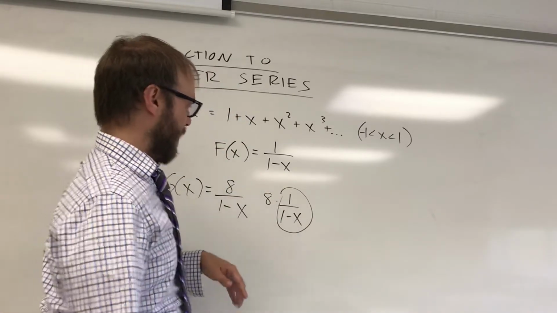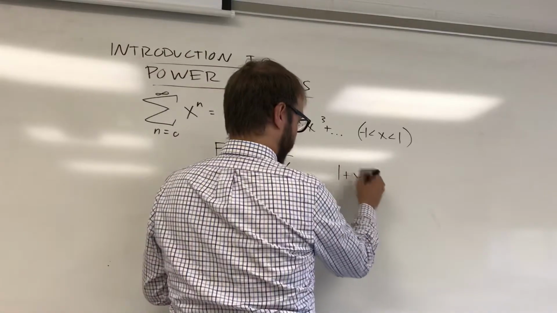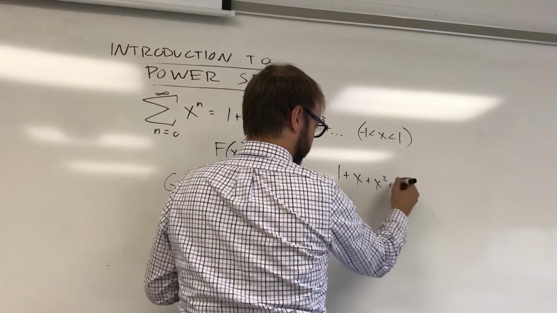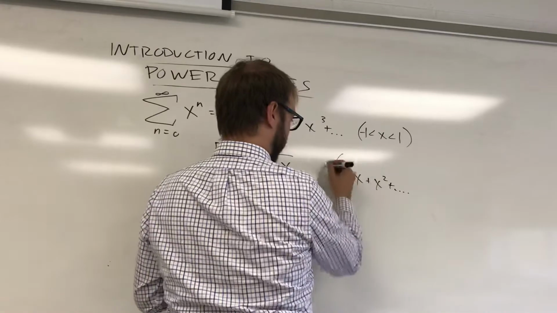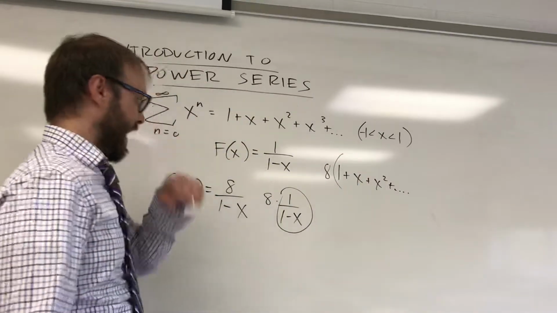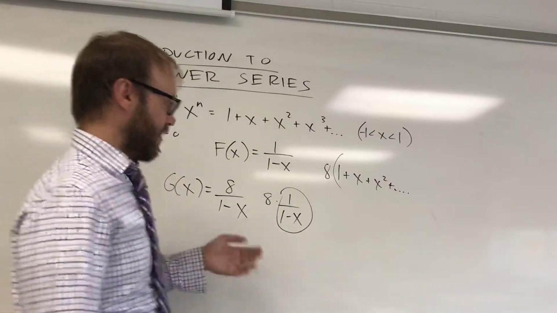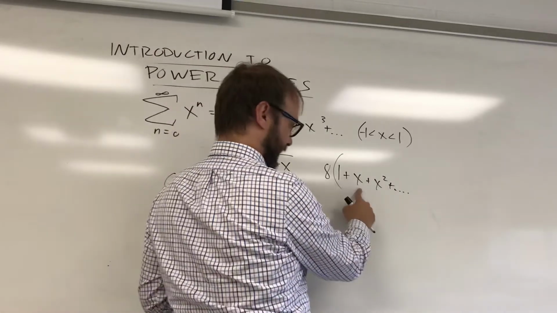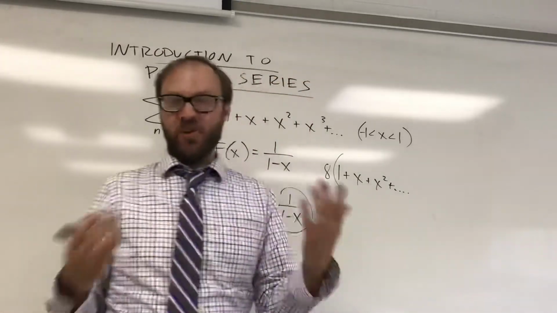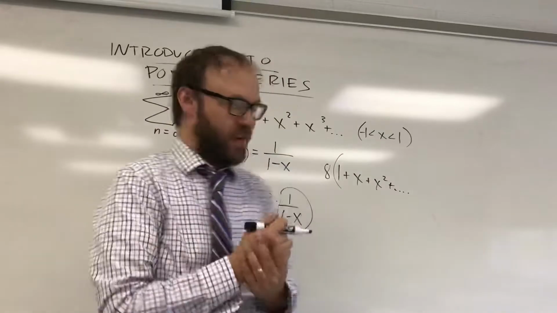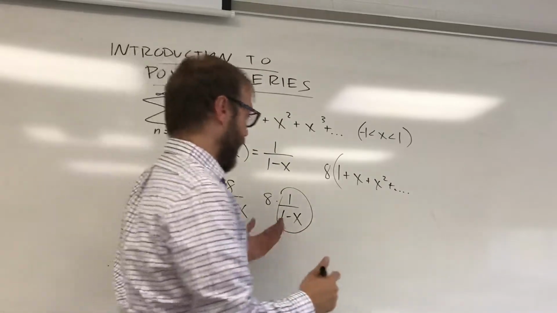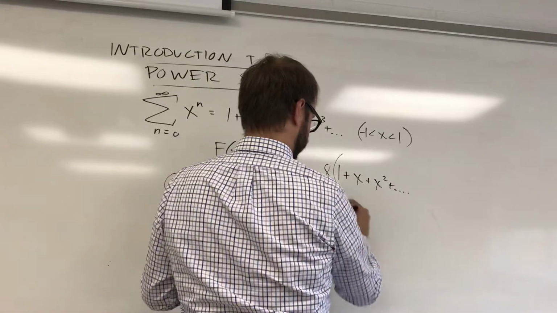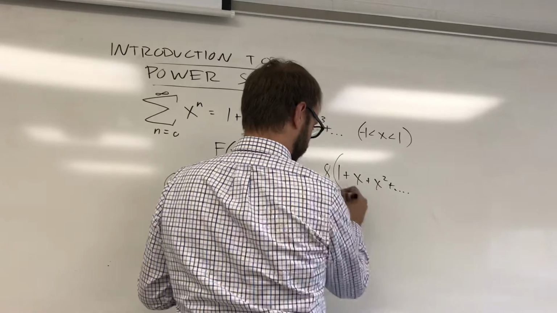And so, you can basically take the series 1 plus x plus x squared plus x cubed and so on, and you can just multiply that whole series by 8. And, as a result, you would get 8 plus 8x plus 8x squared plus 8x cubed and so on. It's literally just the function terms multiplied by 8. Or you could say it's the sum from n equals 0 to infinity.